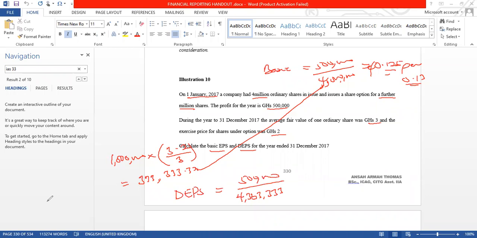So I have 500,000 over this, and that gives me what? 0.115, or 0.12 if I round it, per share. All right, so that is that. It's as simple as that.